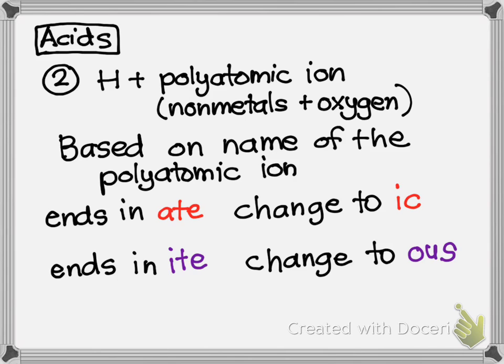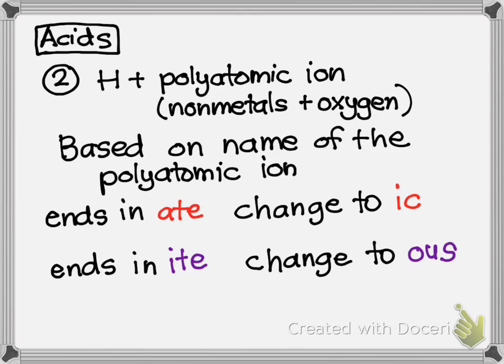A second case would be if you have hydrogen first and then a polyatomic ion. They're called oxyacids. They'll have one other nonmetal and then some oxygens. So it will be hydrogen, a nonmetal, and some oxygens. Now these are named based on the polyatomic ions.